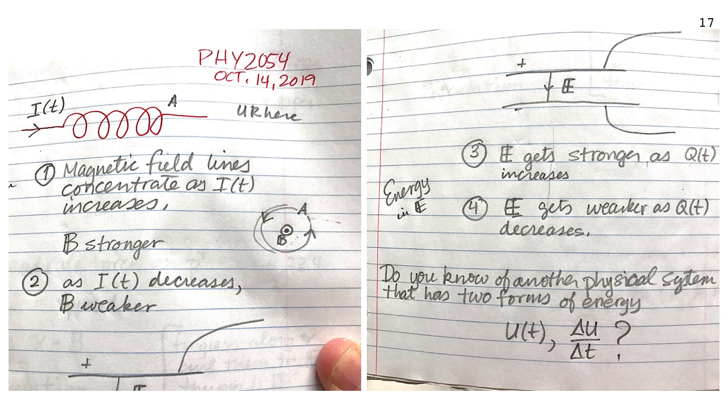All right. So two forms of energy. One with, I'll call it U of t, some unknown, and then delta U over delta t, some unknown, the time rate of change. Anybody think about that? I'll let you think about that for the next day or two.